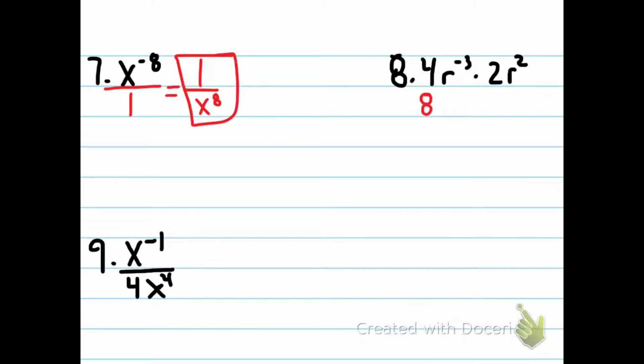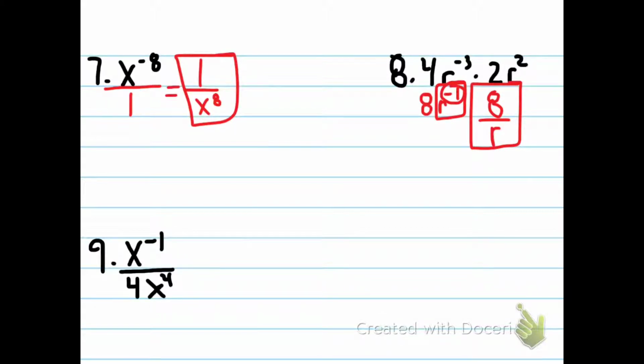And then r to the negative 3 plus r squared is r to the negative 1. So remember, we have to flip this, and we get 8 over r. So our final answer is 8 over r. And remember, you just have to move the variable that has a negative exponent. So you don't move the 8 right here.